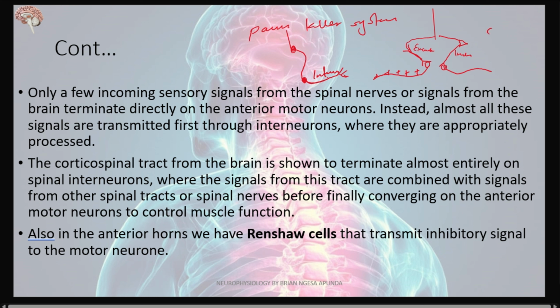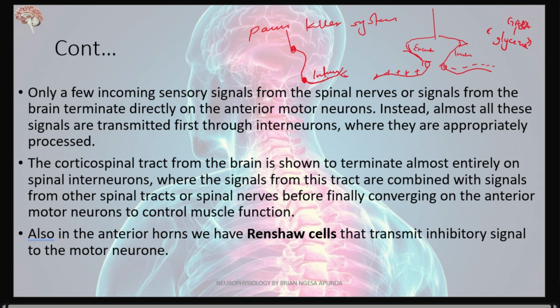So maybe just to remind us, the most important inhibitory neurotransmitter in the spinal cord is normally glycine, while you can also have GABA. GABA is mostly in the brain. Glycine is mostly in the spinal cord. So the inhibitory one inhibits the lower motor neurons from being active.